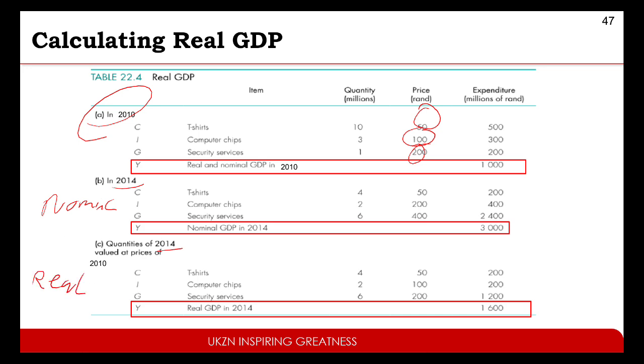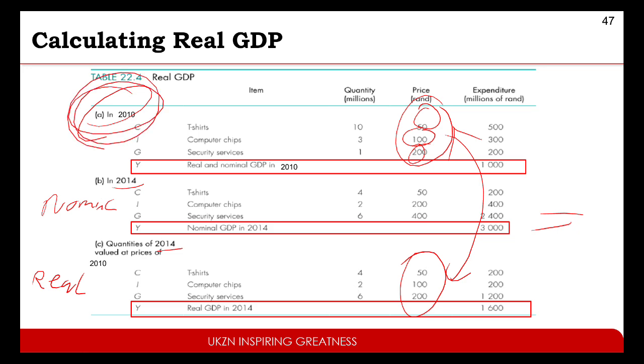You see how for nominal GDP, they took 4 times 50. They're not taking the price for the base year, 2010. 2 times 200, 2 times 400. But see how this price over here matches this price over here? They're both the same. So when you manufacture goods using the price of the base year, that's how you calculate your real GDP.